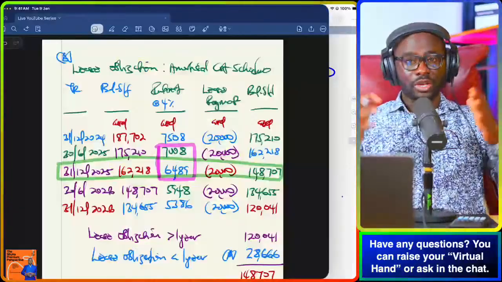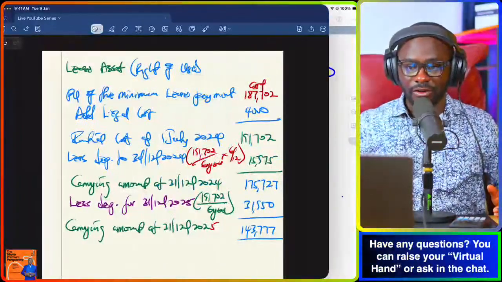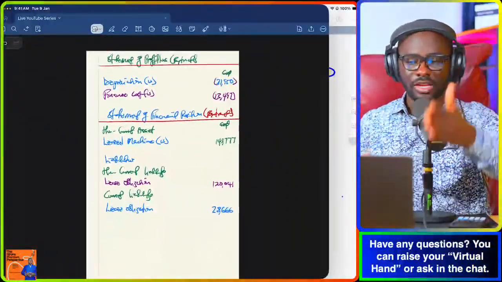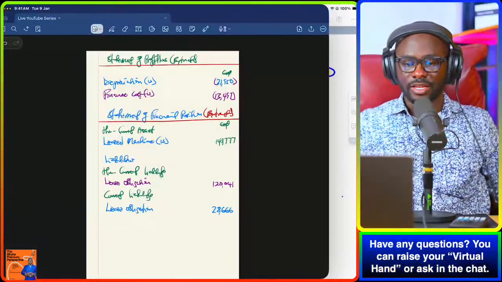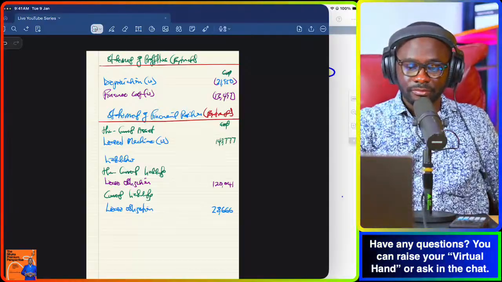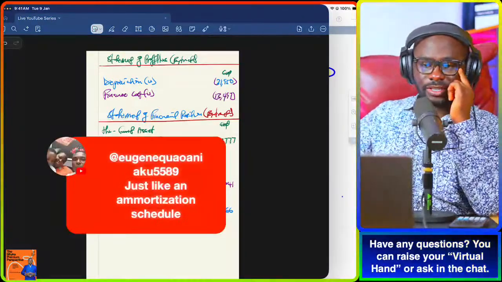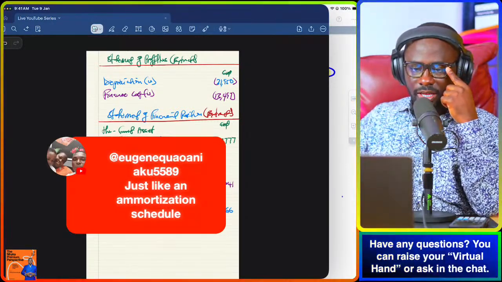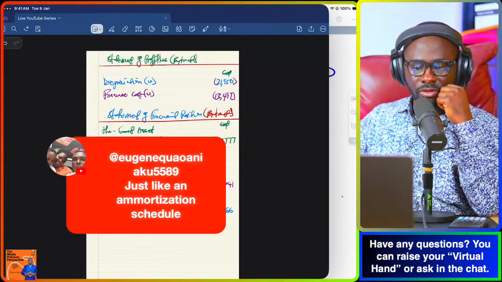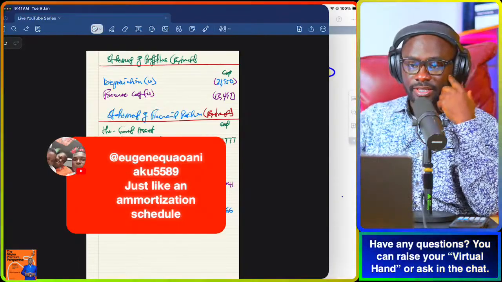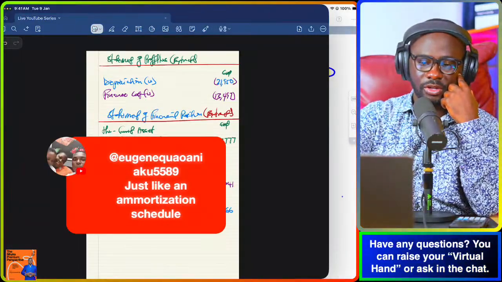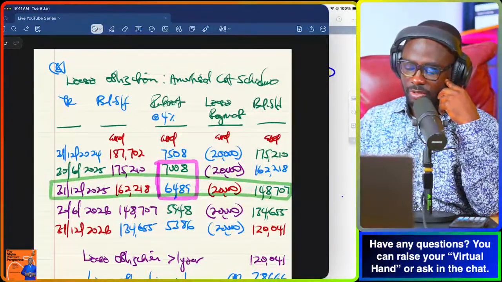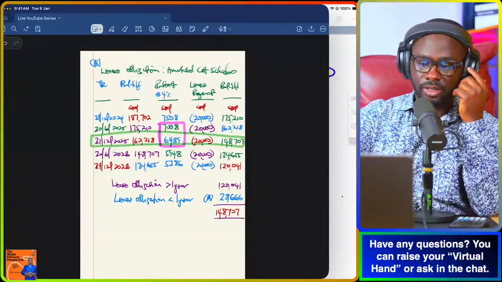If the question was together and we are supposed to account for it, then we would have done this, and then extracted this comprehensive financial statement. So that is the answer to the question there. Eugene Aku said, just like an amortization schedule. Yes, I think you're talking about the lease obligation, the amortized cost schedule in respect of that.